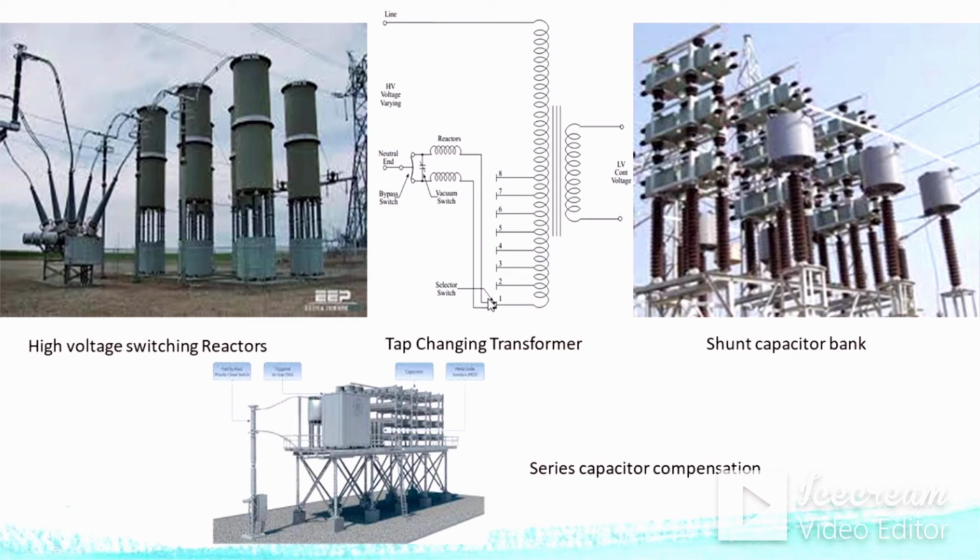If we connect the selector switch to 8, then comparatively we have a lesser number of turns, thus a lesser magnitude of voltage.